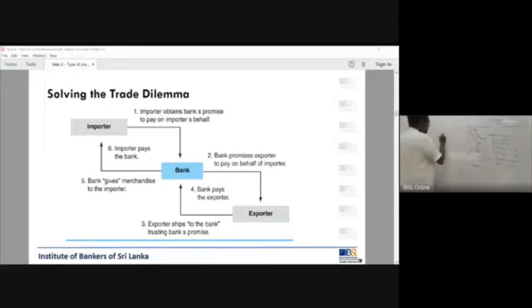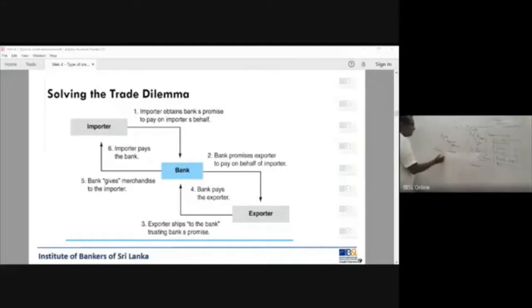We have the bank, and the exporter. The bank and the importer, it is the agreement of the LC application relationship.